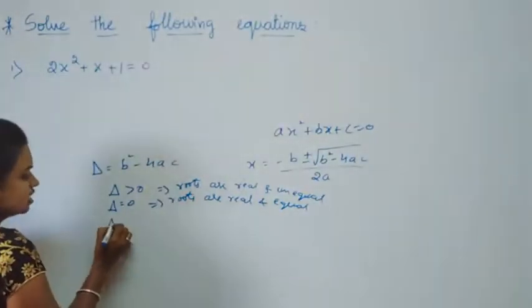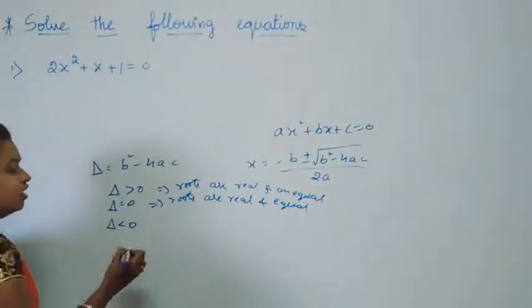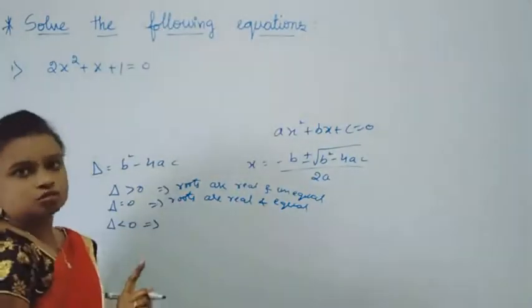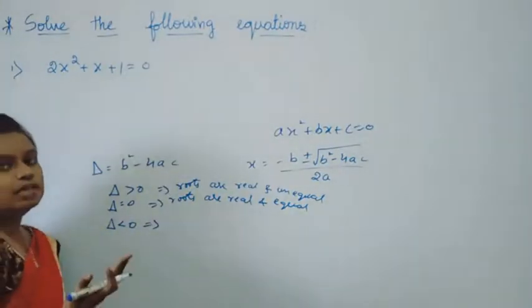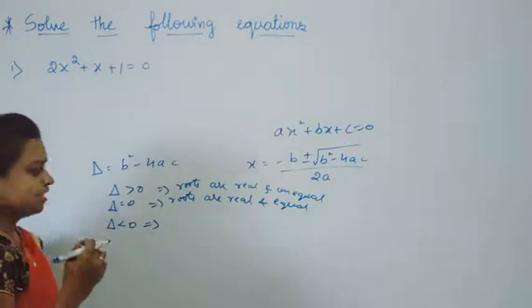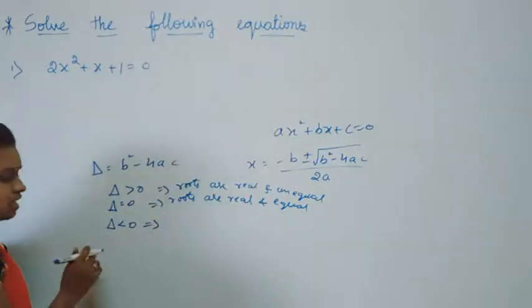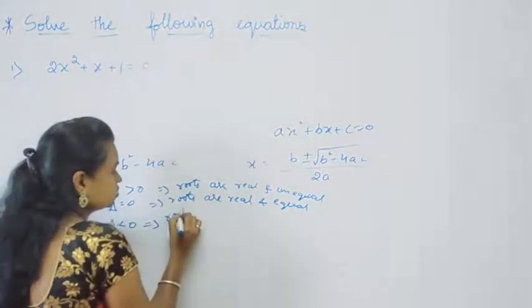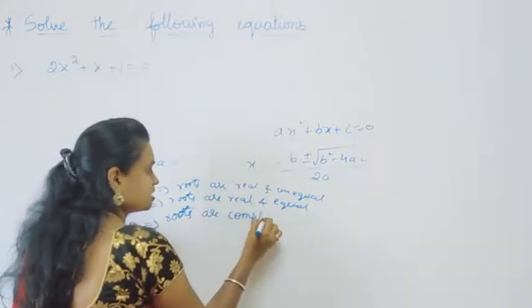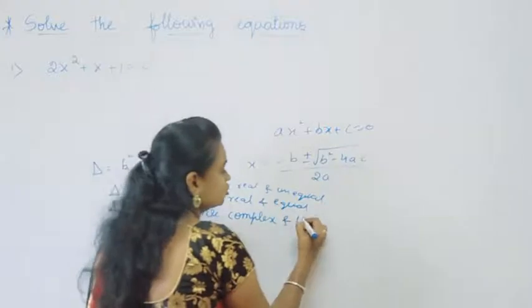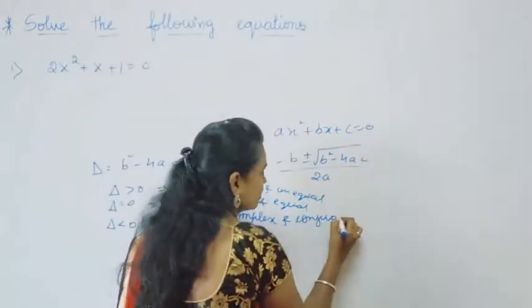If the discriminant is less than 0, then there is no real roots, right? So if the roots are not real, then it will be what? Complex. If the discriminant is less than 0, then the roots are complex and conjugate to each other.